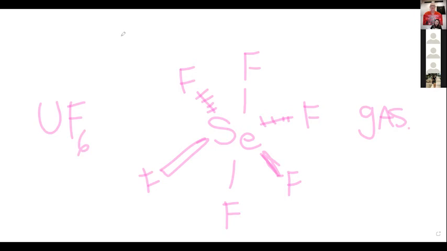The slightly heavier, not less radioactive, uranium will spin a little bit further, and the slightly lighter uranium-235, which you make atomic bombs out of, goes a little bit less. So you can actually turn a molecule as big as uranium into a gas just by putting 6 fluorines around it and making it octahedral.